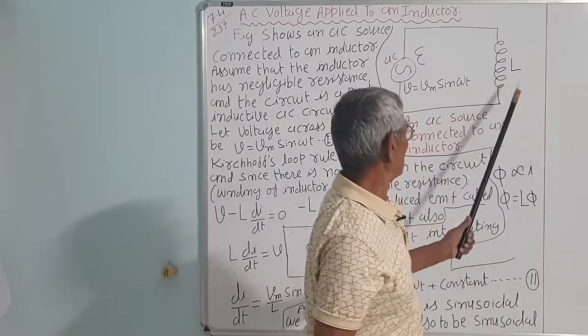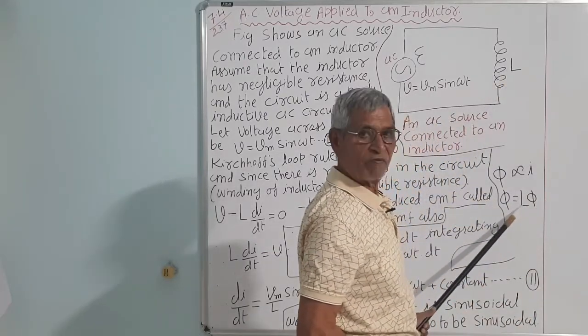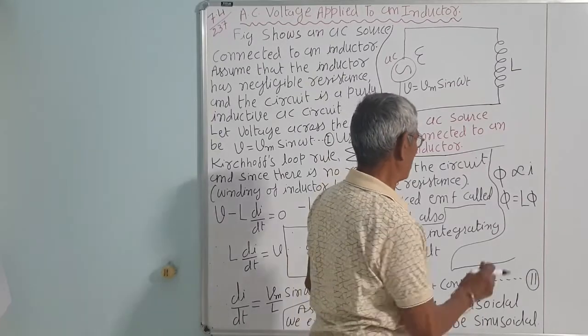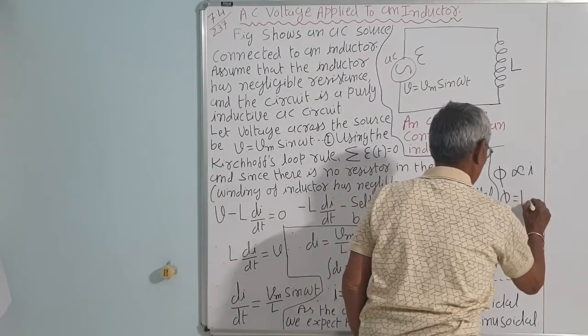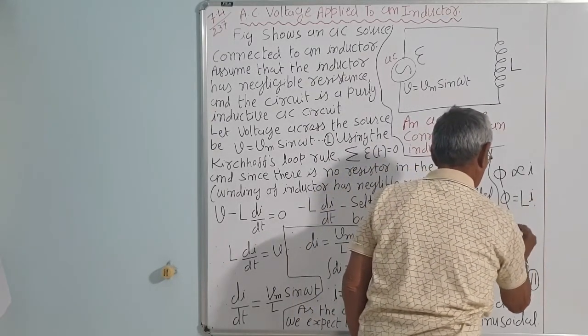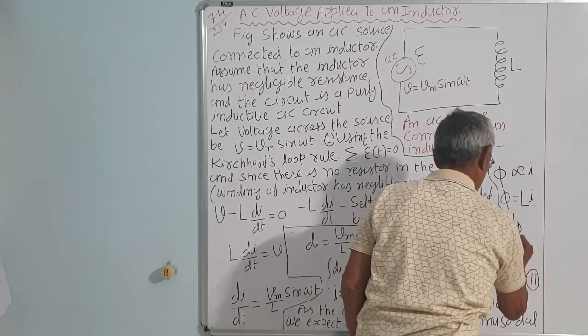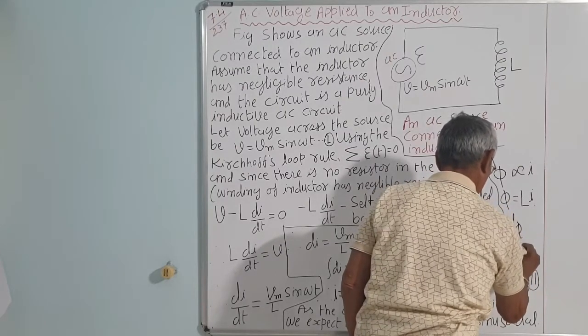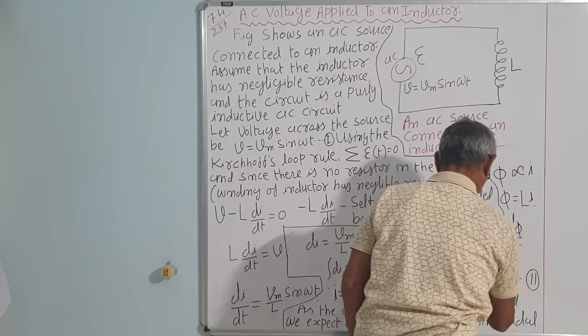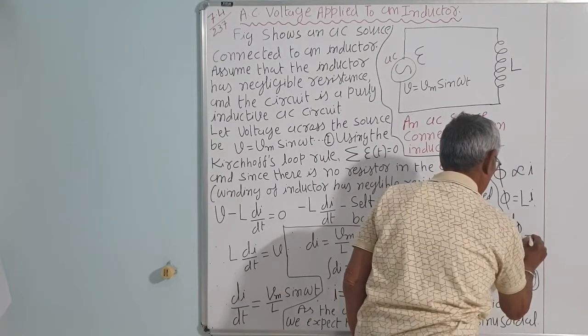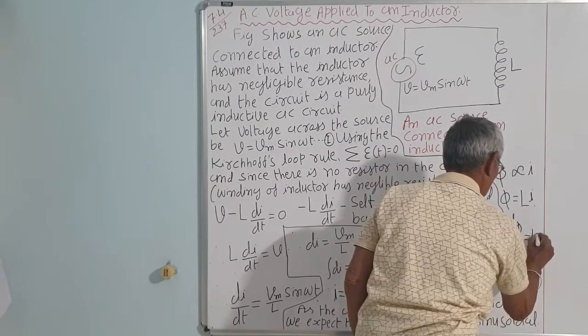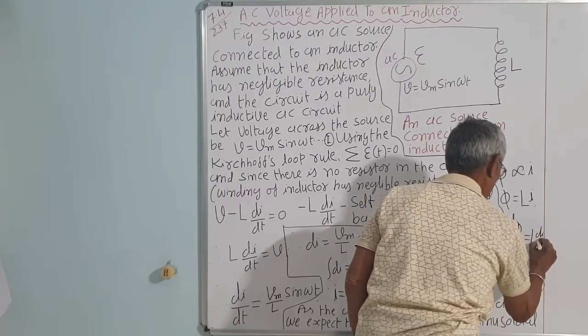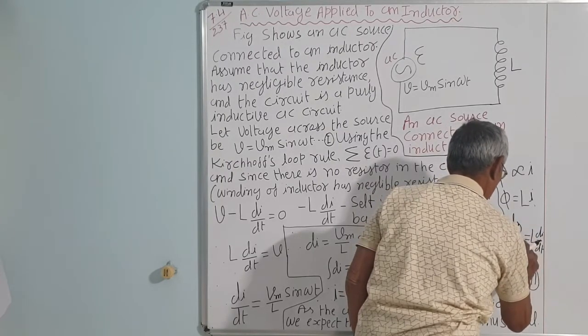This inductor has inductance of value L. So phi is equal to L i. Taking the derivative, d phi by dt is equal to L di by dt.